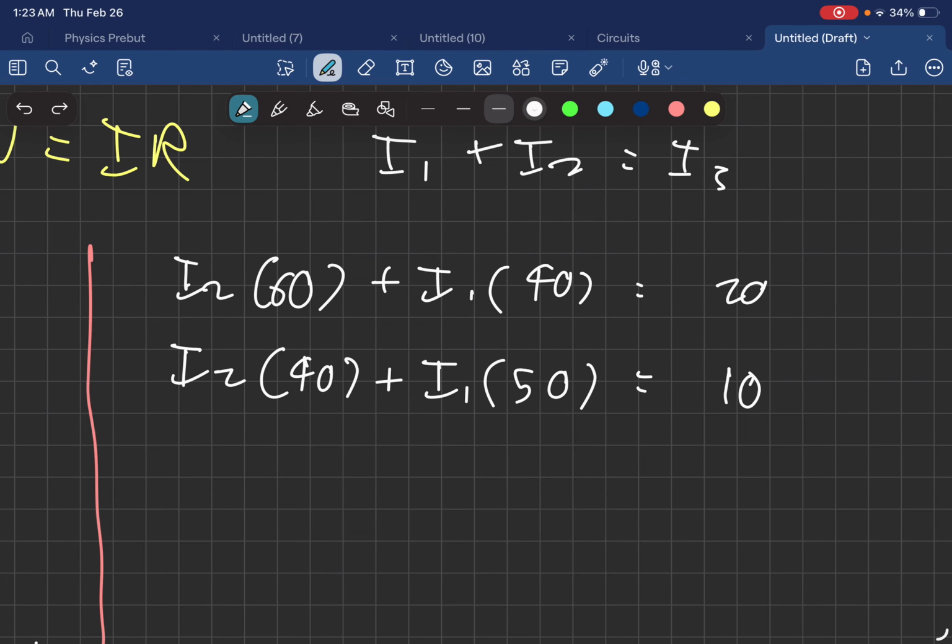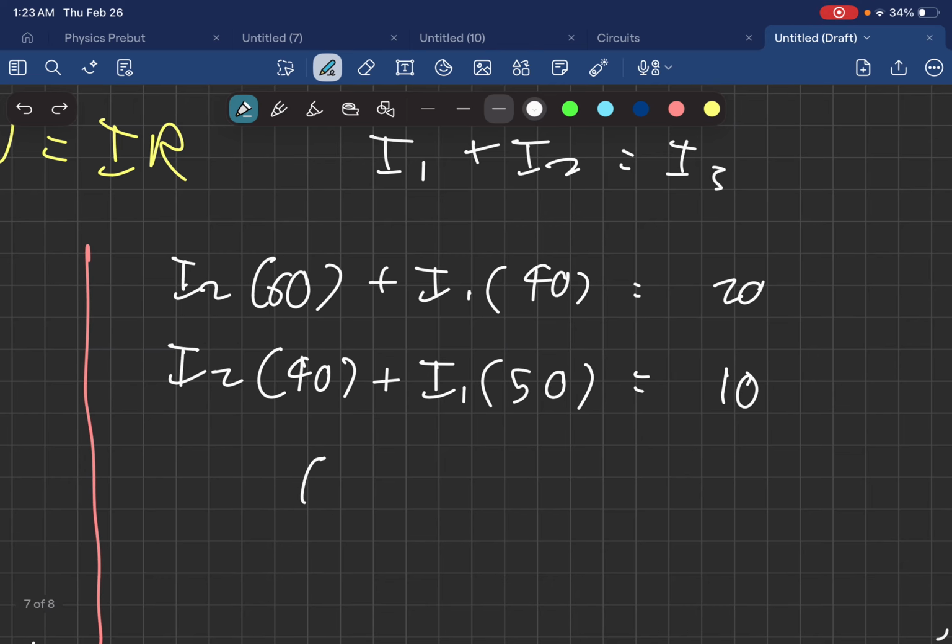The idea is, let's choose this pair. You want this I2 and this I2 to be equal to each other. You want this term to be equal with this term. We have 60, we have 40.